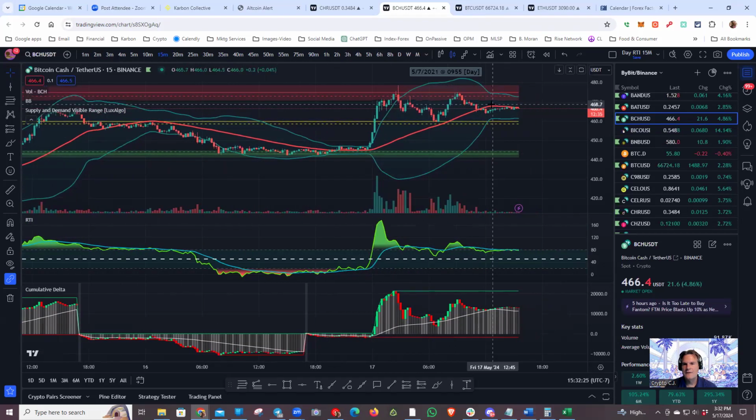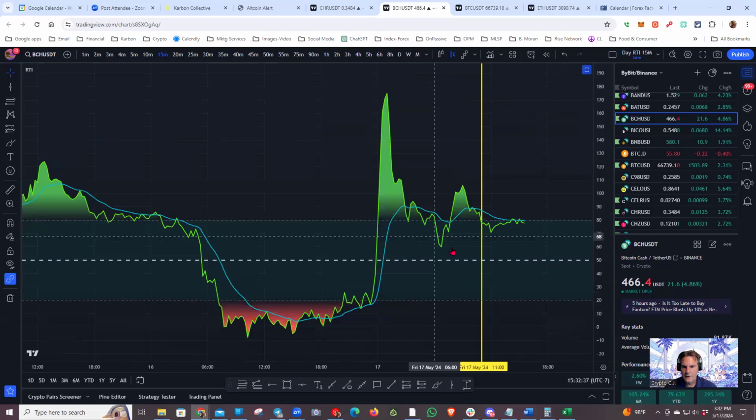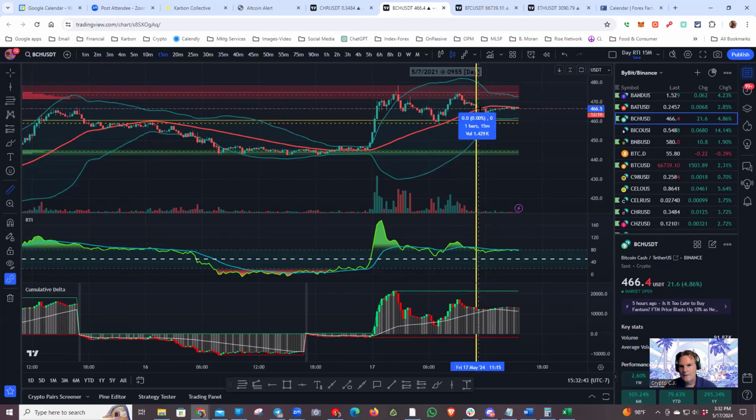We just came out of the red zone. So this would have been a nice entry later in the morning, because we had the break right about here. Yeah, let's take a better look at that. Yeah, that's where it is on the RTI. Well, not really.